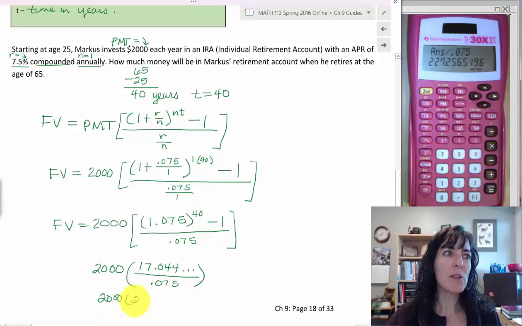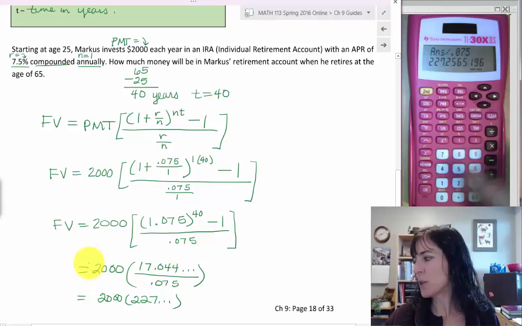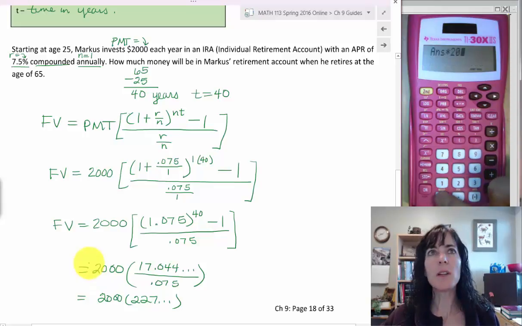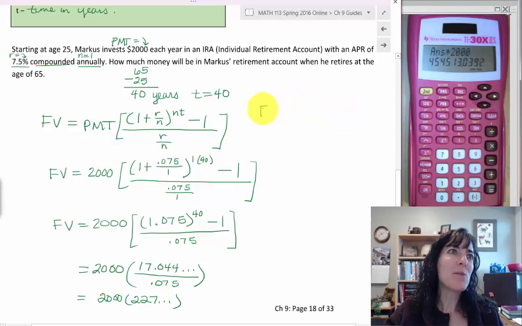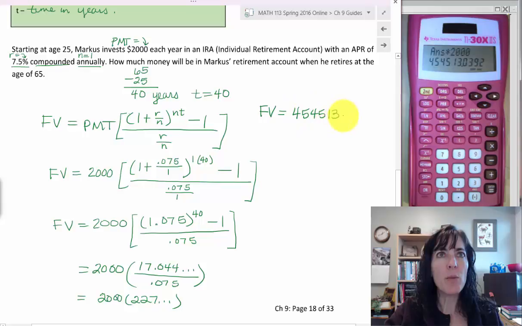Then times that 2,000, and those are all my future value calculations. So multiply that by 2,000, and here's the amazing part about annuities. His future value right now at age 65 will be 454513.04.